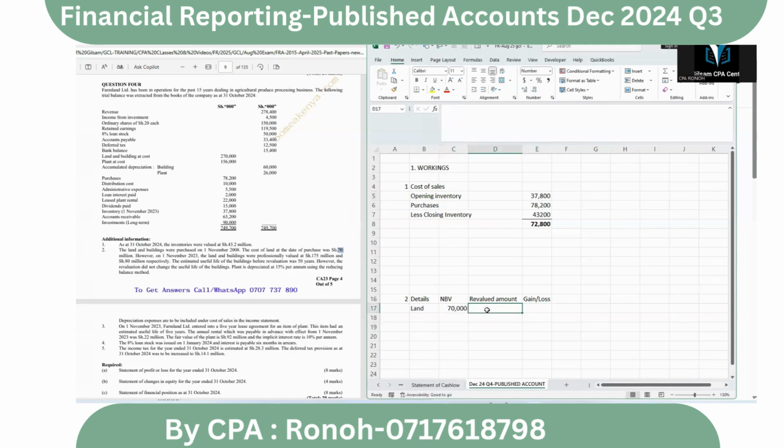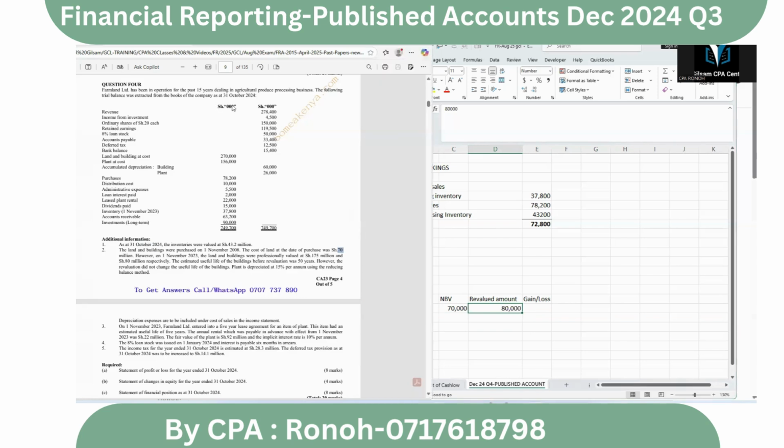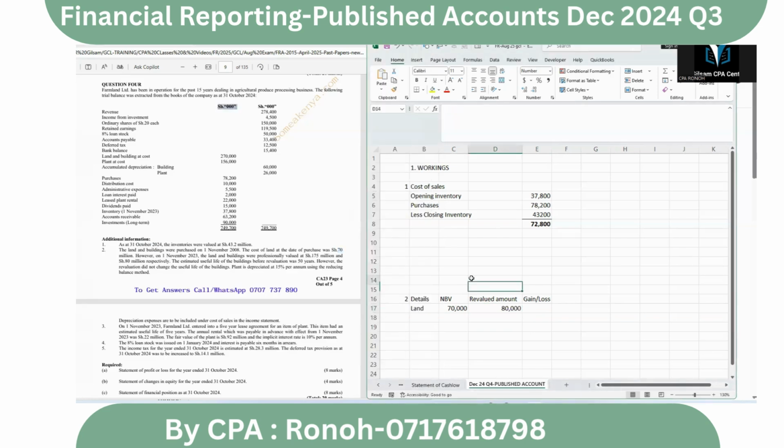So the current revalued amount is 80. You can put 80,000, but remember the 3 zeros, so you need to show. But nobody is marking the workings when it comes to the exam. Now, what is the revaluation gain? This minus this, we get a revaluation gain of 10,000.